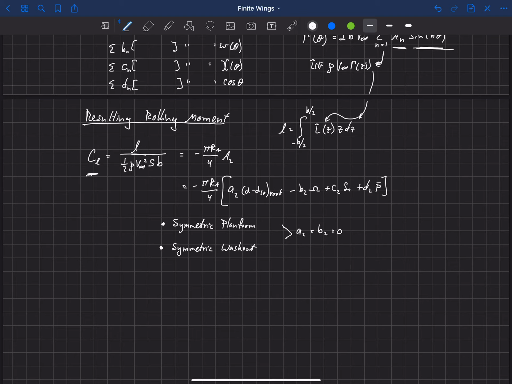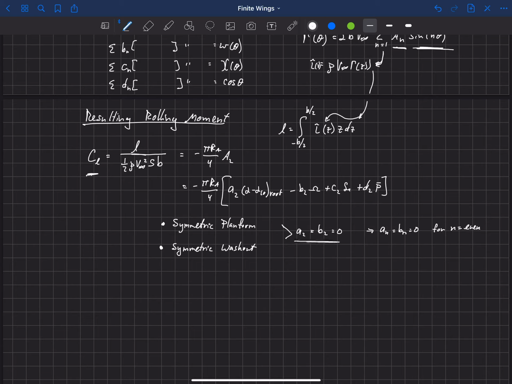In fact, all of the even terms, A_N and B_N, equal 0 for N even. All of the even terms drop out, and therefore obviously A2 and B2 are 0 as well.